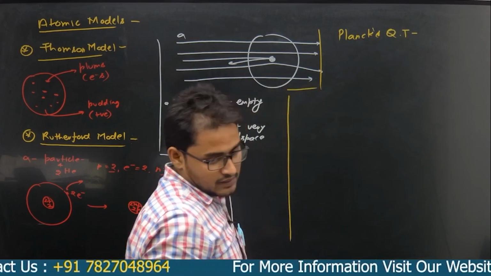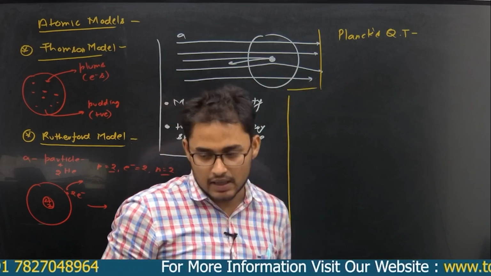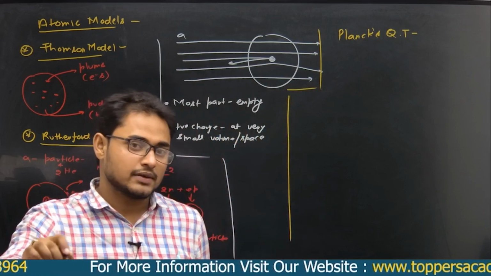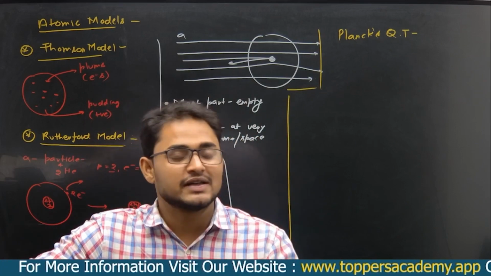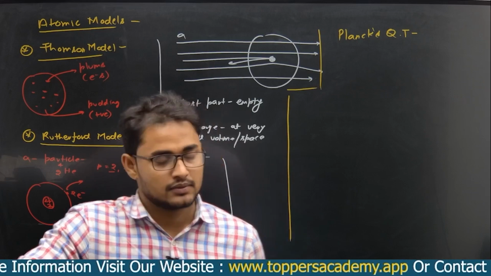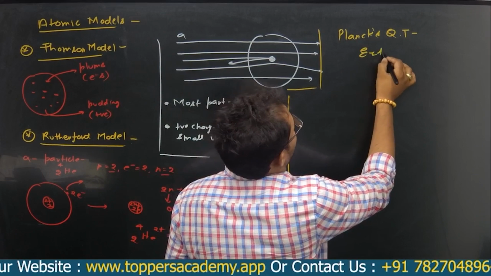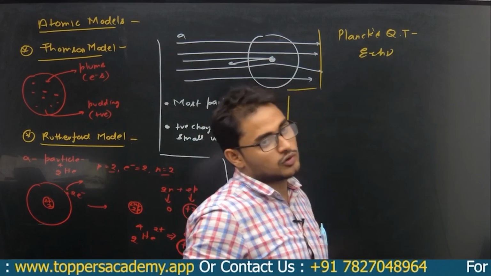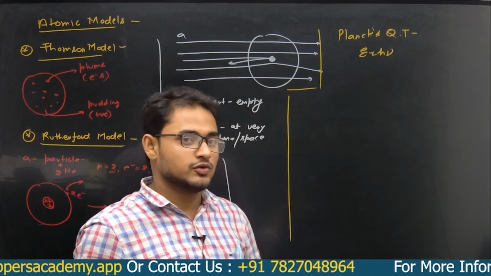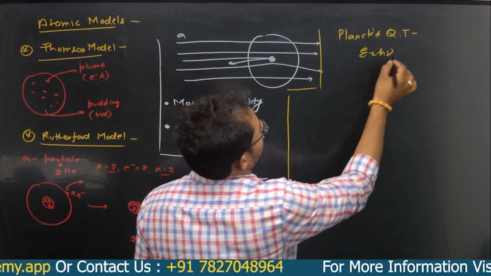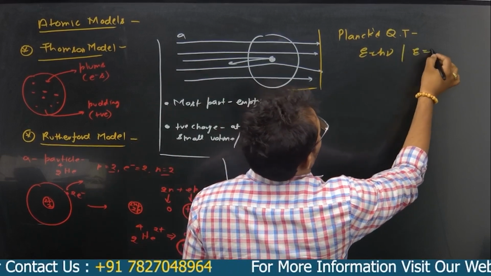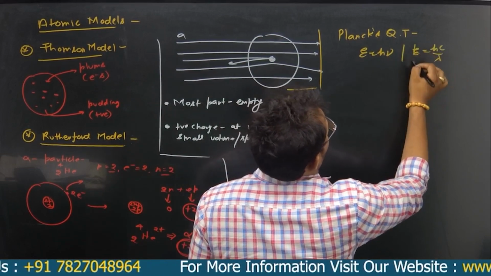He said that a system can absorb or emit energy of discrete level. He gave the formula E is equal to h nu or E is equal to hc upon lambda, because nu is equal to c upon lambda.